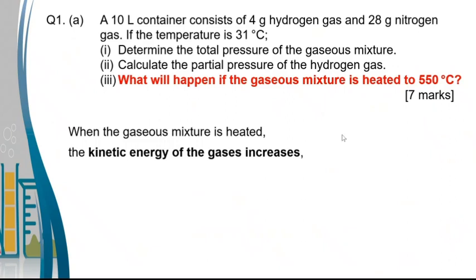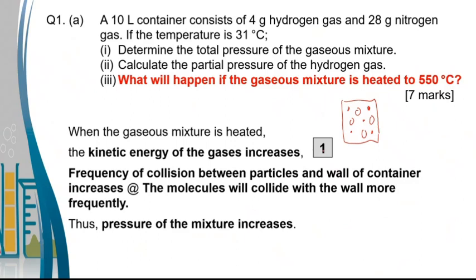Imagine this is the container. There are two types of gas. When you heat up, they will gain the kinetic energy and they will therefore collide with the wall of container more frequently. Or you can also say that frequency of collision between particles and wall of container increases.